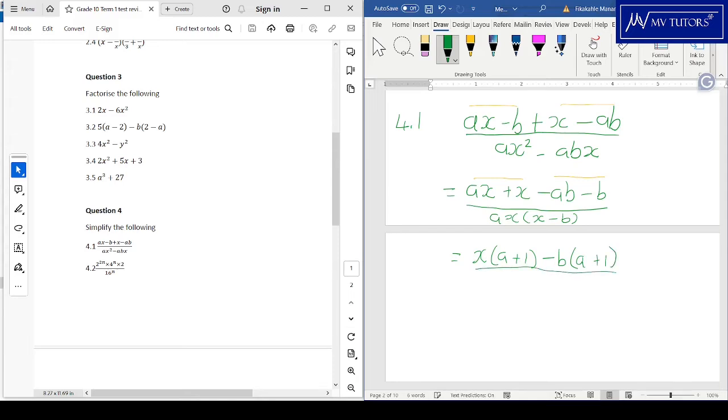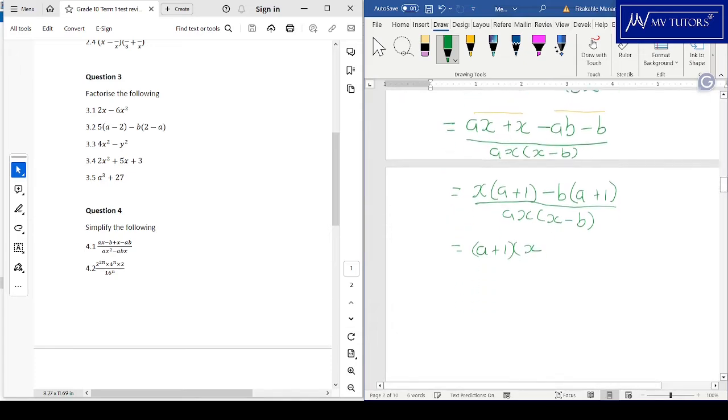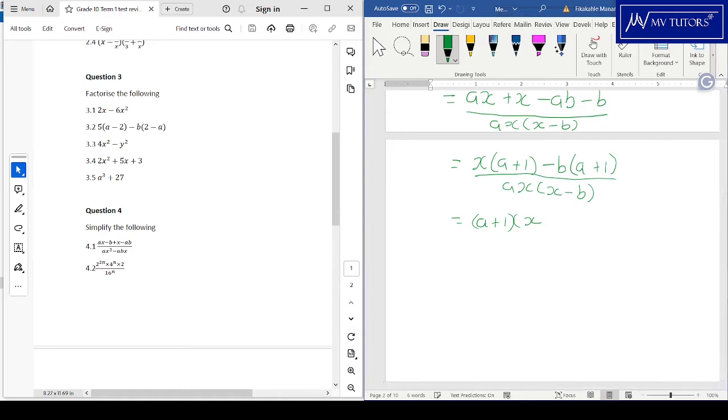And then I divide by ax. Nothing to be done there. x minus b. Let's look at it. And then at the top here, I can see I have a common factor of a plus 1, right? And then to get this expression, I multiply a plus 1 with x. And then this side with minus b.